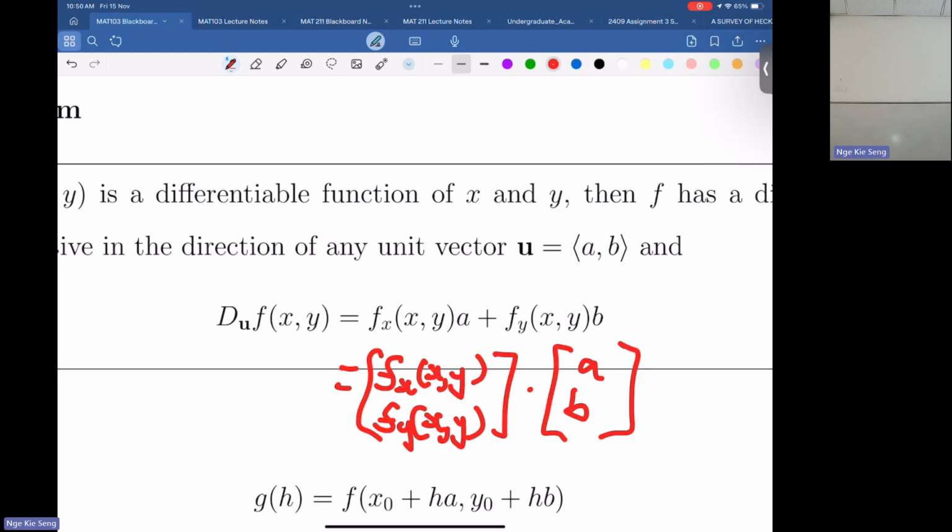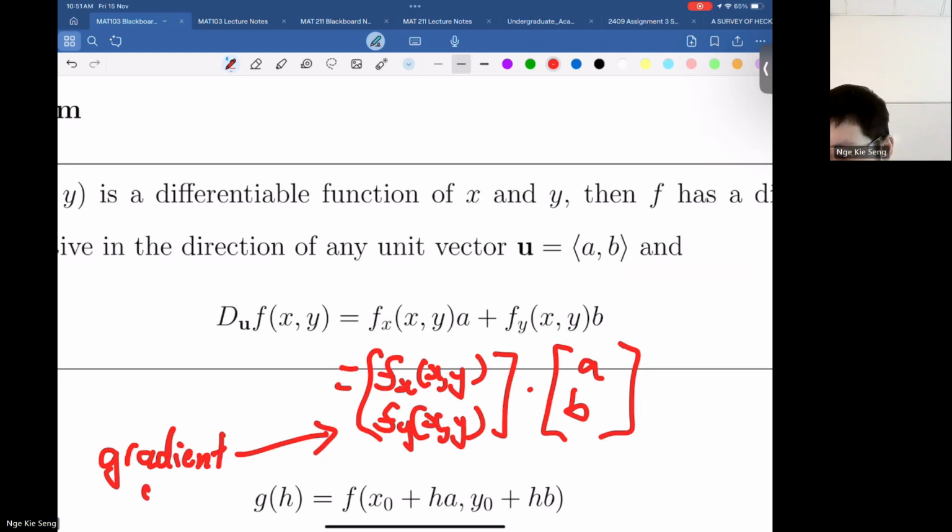We have a special name for this vector, which is what we call the gradient of a function. In one variable, gradient and slope are the same thing. But in higher dimensions, gradient and slope are different. Slope is a number, but this is what we call a gradient vector. You simply collect all the partial derivatives in the main directions.